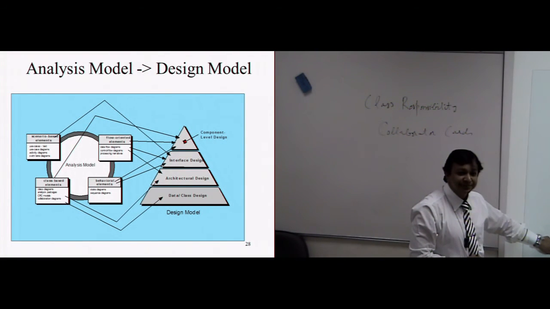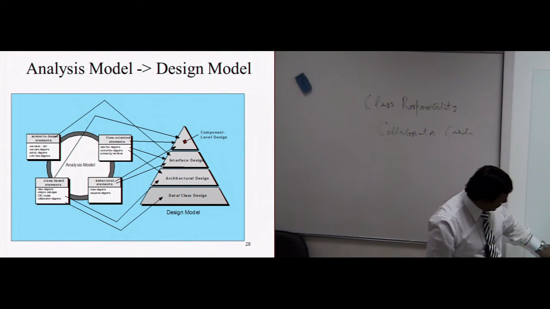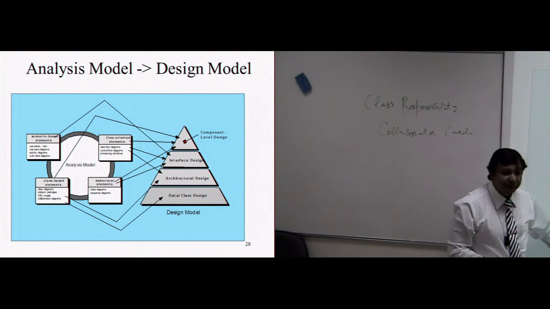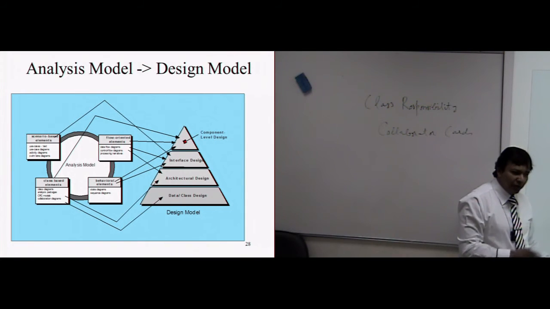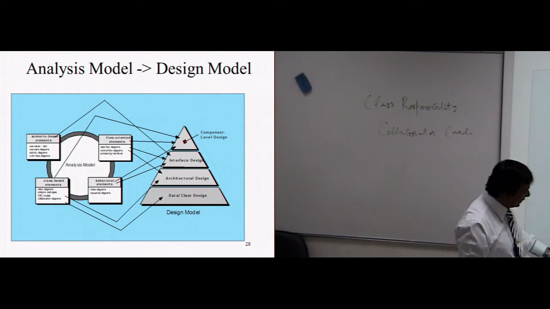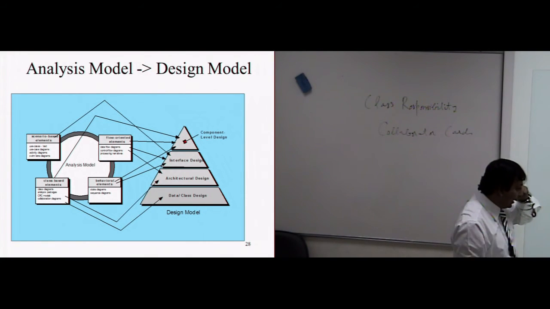CRC model for the data or class design. Then the collaboration diagram. Did you cover the collaboration diagram? We will cover it. It is like the sequence diagram, but there is a difference between the sequence and the collaboration diagram.